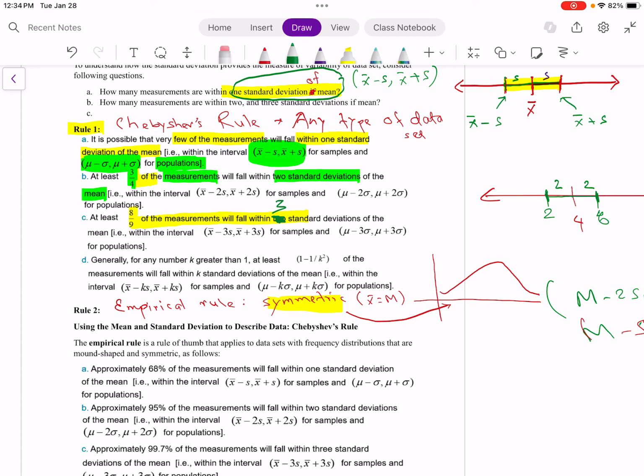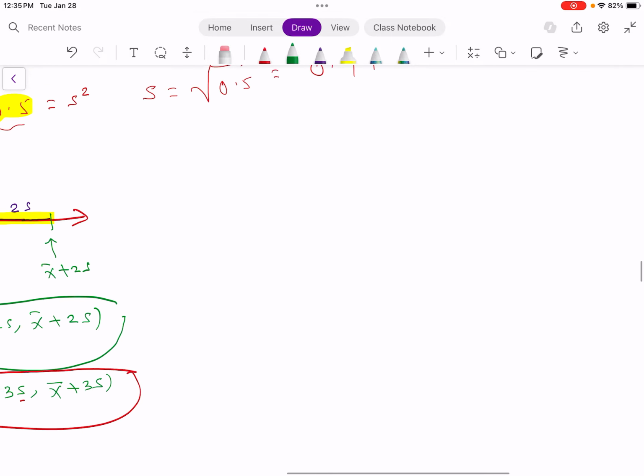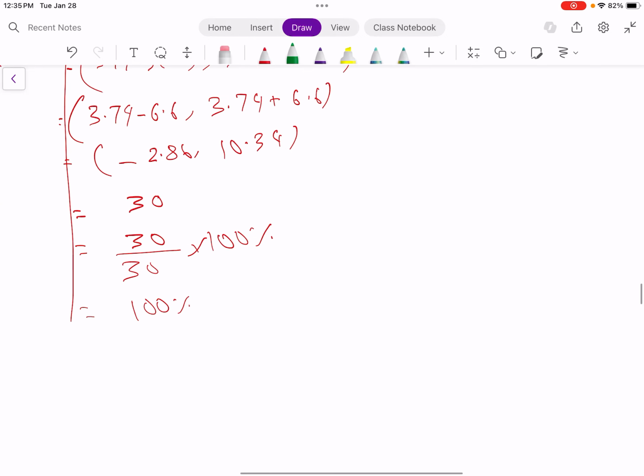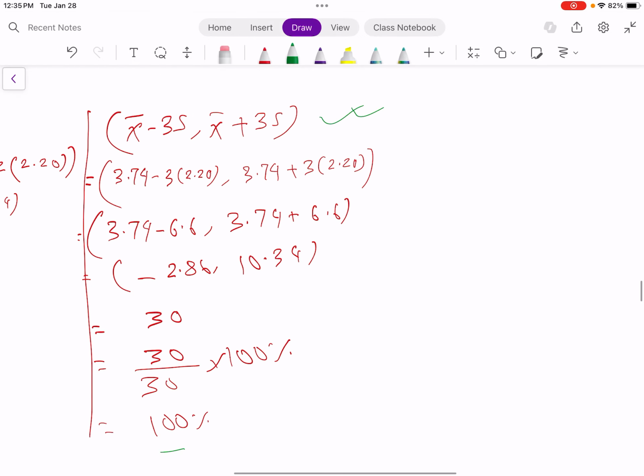And what percentage is 8/9? 89%. So 89% of the measurements will be within 3 standard deviations. But in our example, we had 100% of measurements within 3 standard deviations.